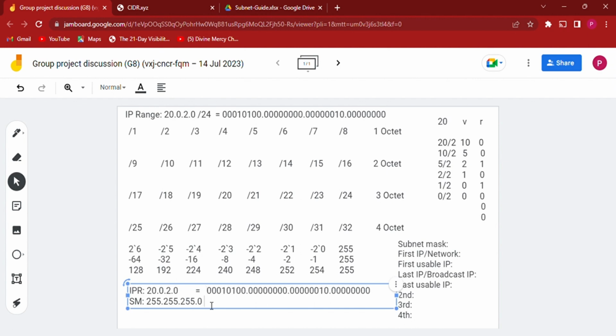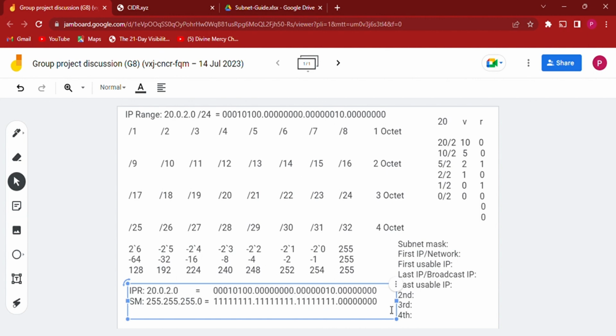And the subnet mask, you can do it at your end, but when you do it, you are going to get 11111111.11111111.11111111.00000000.